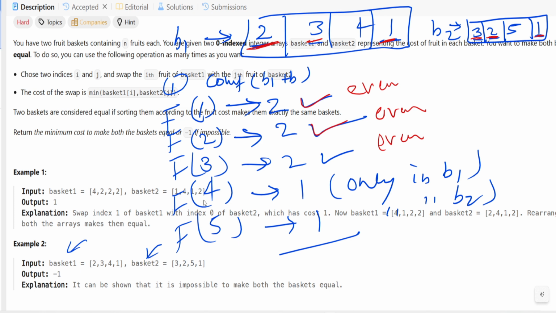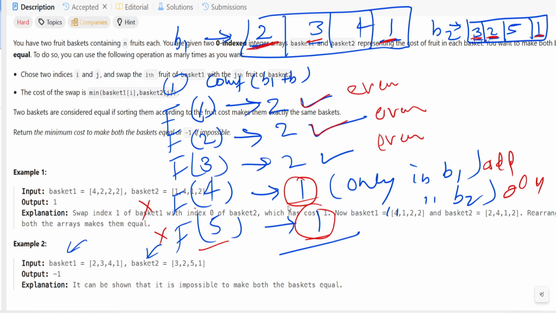Now the problem comes in swapping fruit 4. When we want to swap fruit 4, we are seeing 1. For 5 we are seeing 1. How will we swap it? Because this count is odd. Remember I said when it is odd, it is impossible to swap, because half cannot go in each basket. The count is only 1, and we cannot do half of 1.